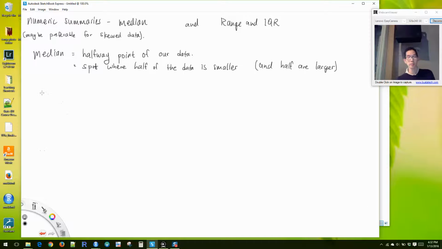So when you have a large data set, or just any kind of data set, to find the median, what you're going to do is place the values in order from least to greatest.